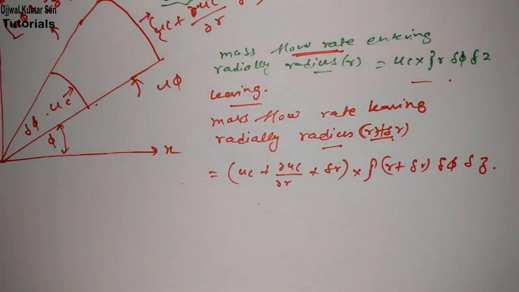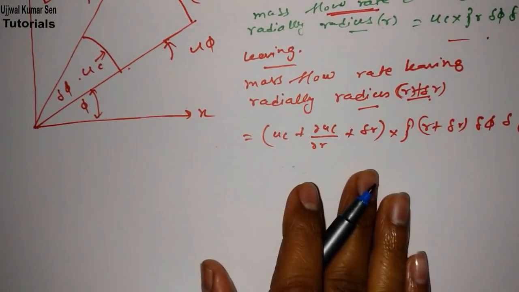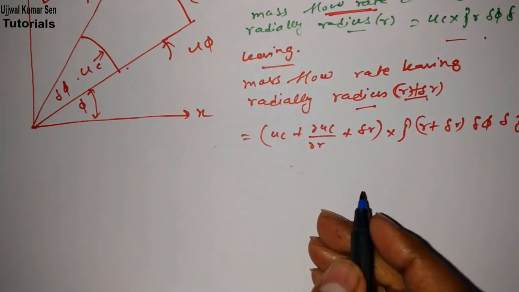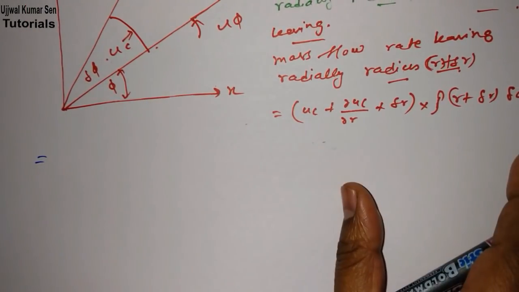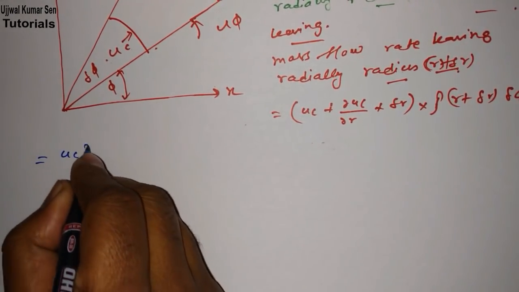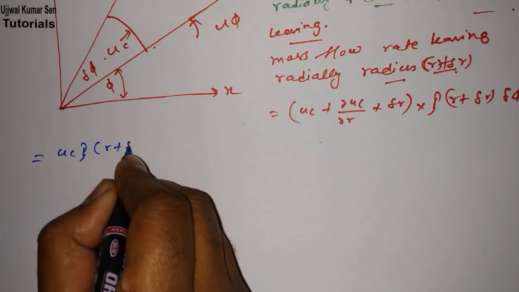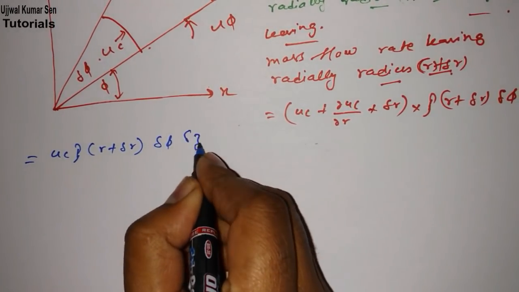It takes time, and it will take time for you to understand the whole thing also. First of all, we will get four terms here. Just multiply u_r with this one: u_r ρ r ∂φ ∂z.